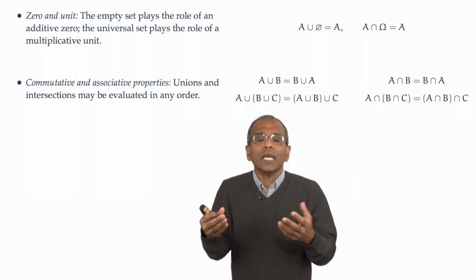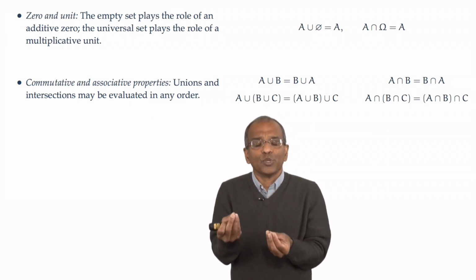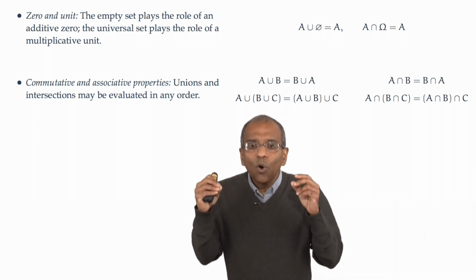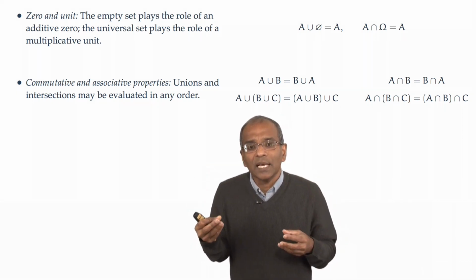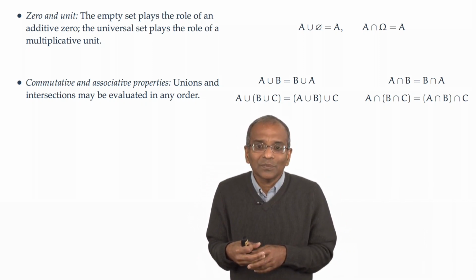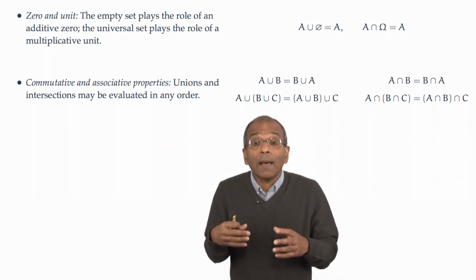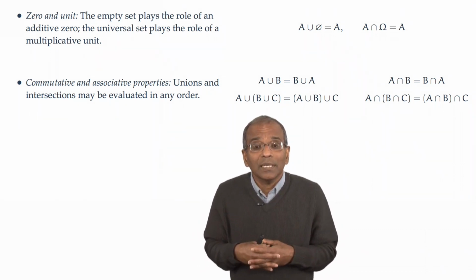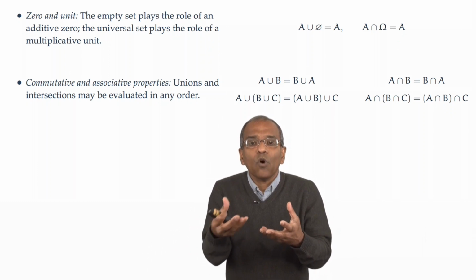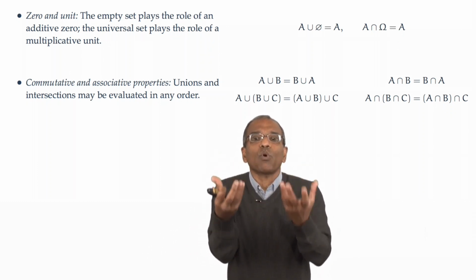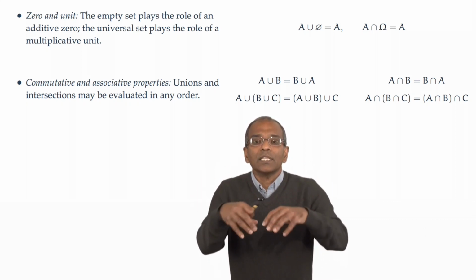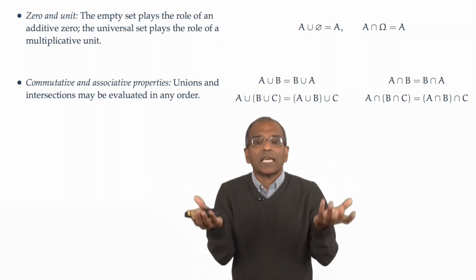The result in either case is a sample point omega, which is in A, or in B, or in C, the ors being not exclusive, meaning that they could be in both A and B, or both A and C, or both B and C, or perhaps in A and B and C as well. But this description of omega is the same for the quantity on the left as well as the quantity on the right. Therefore, these two ways of describing this composite set must be the same.